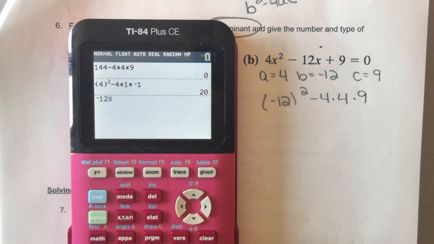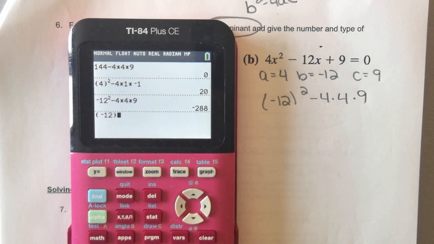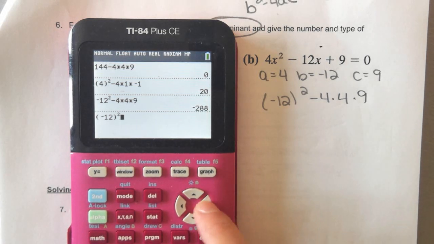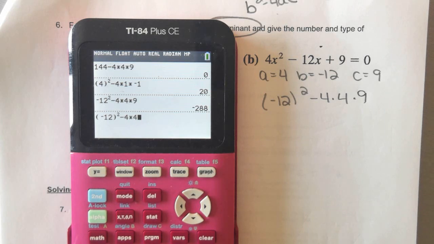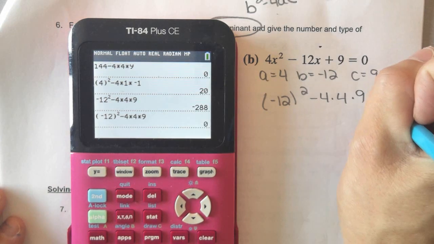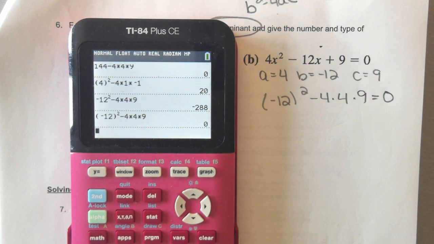If I don't use parentheses, this is my answer. If I do use parentheses and I square the whole thing, including the negative, which is what I'm supposed to do, I get 0. Those are very different answers.